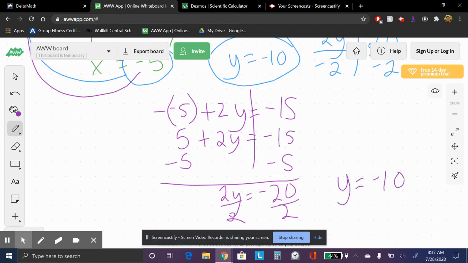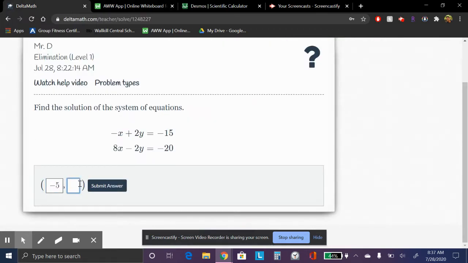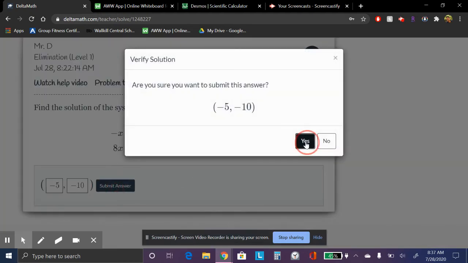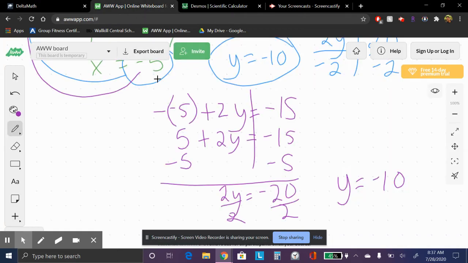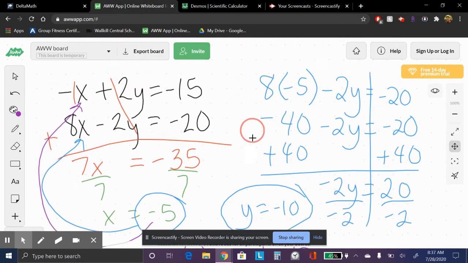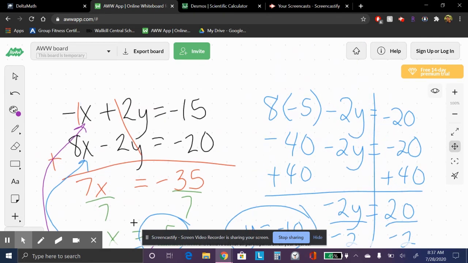So it doesn't matter which equation you plug into, you should get the same thing. That's one way to check your answer too. That's a lot of steps, I understand. So I put that in here, negative 10, submit, bam.